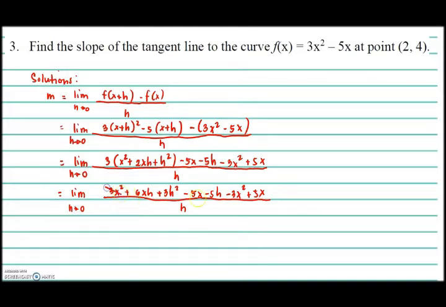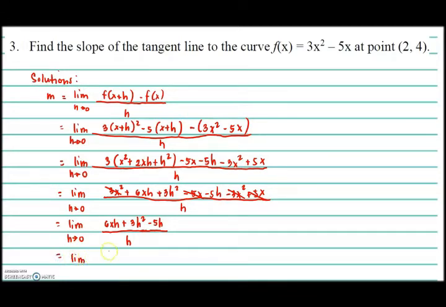Now combine like terms. So you have, okay, cancel out 3x squared and -3x squared, -5x and 5x. So we are left now with the limit of 6xh plus 3h squared minus 5h over h as h approaches 0. Right? Now factor out the numerator so we can divide out h.